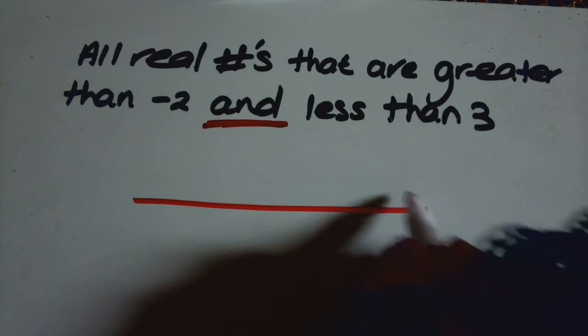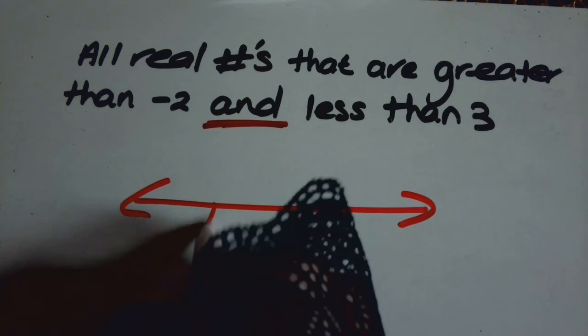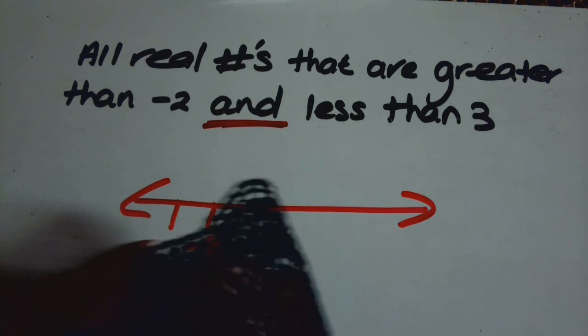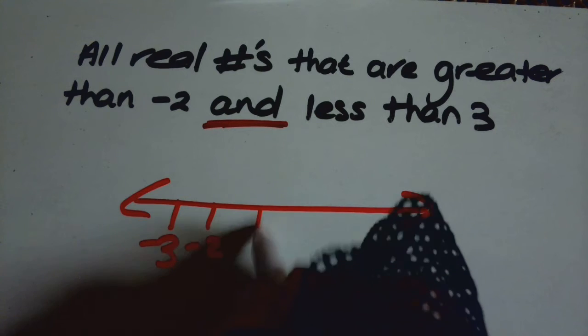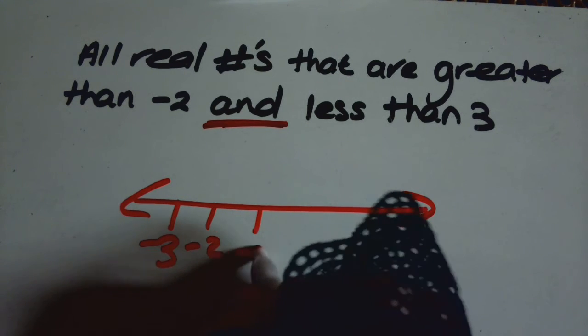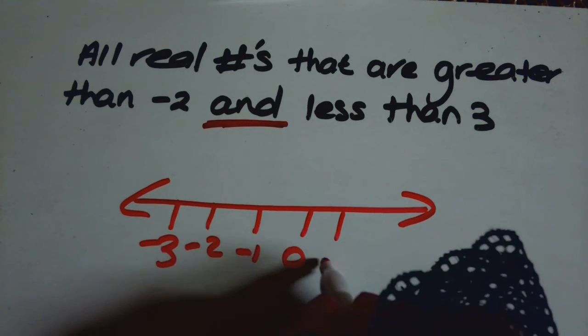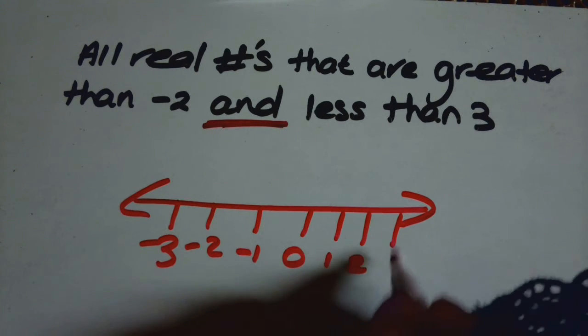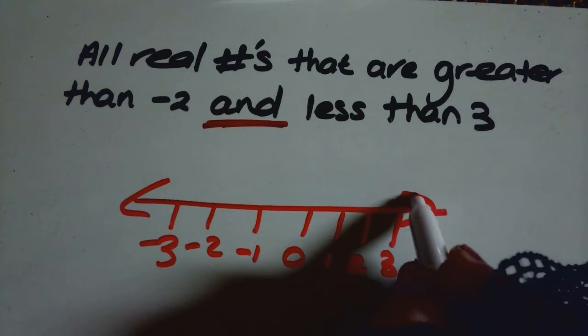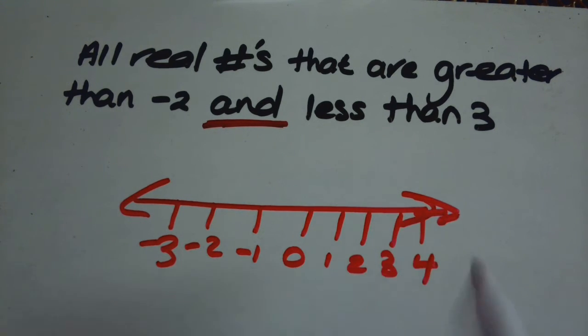So do a number line. You definitely want to have -2, so let's just say -3, -1, 0, 1, 2, 3. Definitely want those. If you want to extend it to 4, sorry, it doesn't look the greatest, but you get the idea. So x are the numbers between, okay?